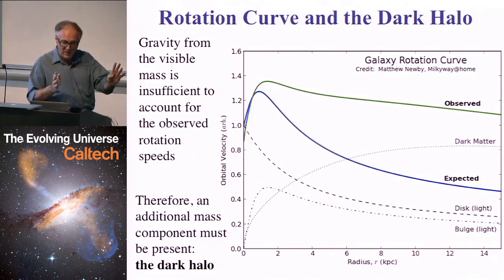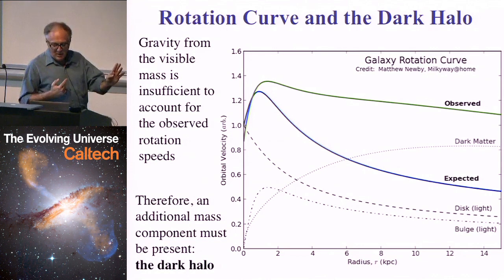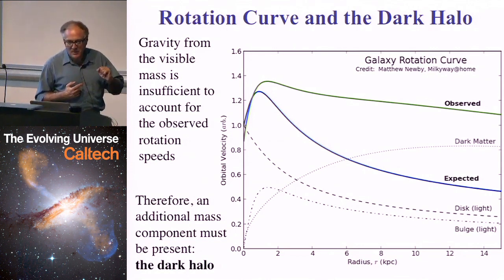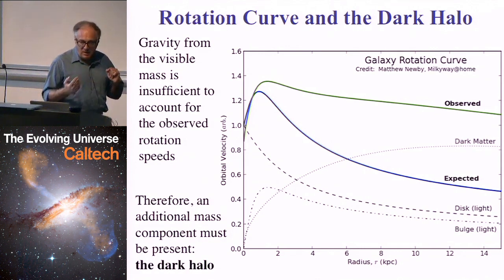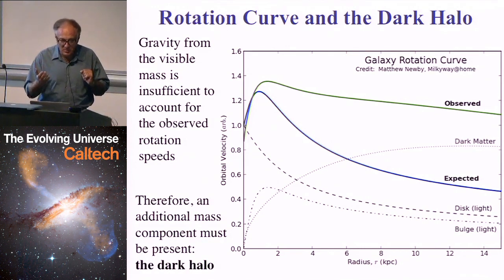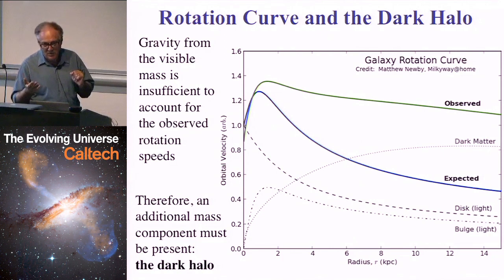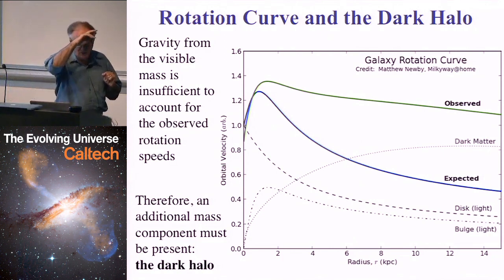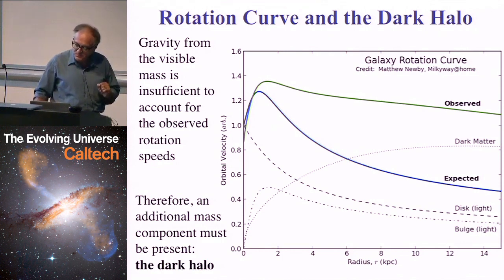And you ask, what will be the velocities needed to balance the gravity of the stuff that we see? And you come up with a prediction that's shown here as a blue line, which is vastly wrong. So the only way to bring velocities up to what's observed is to add some mass that you haven't seen. And so this is the origin of the dark matter detections.